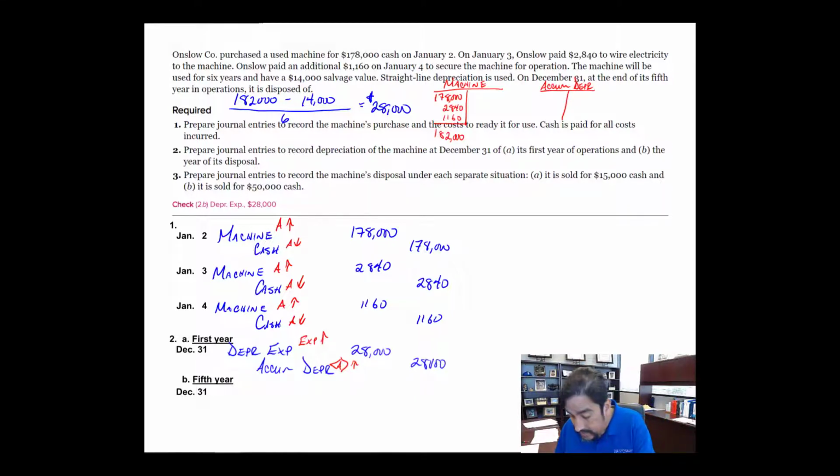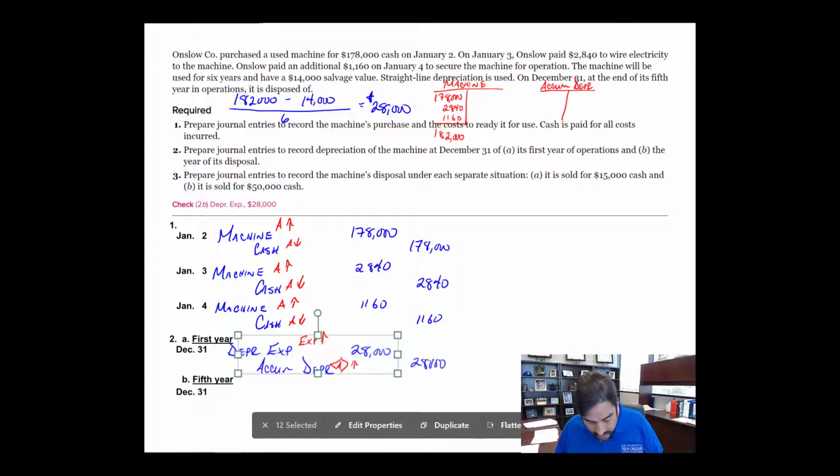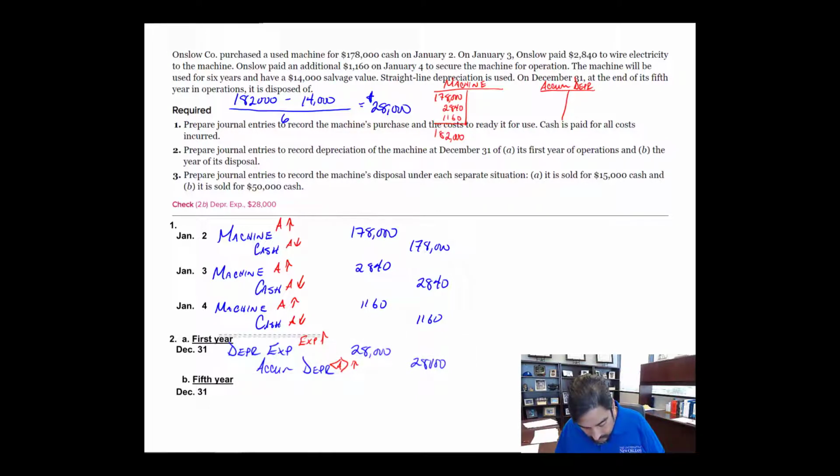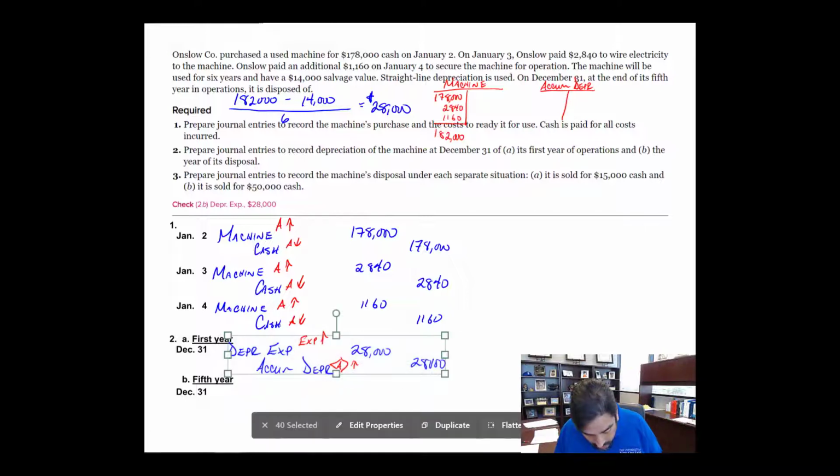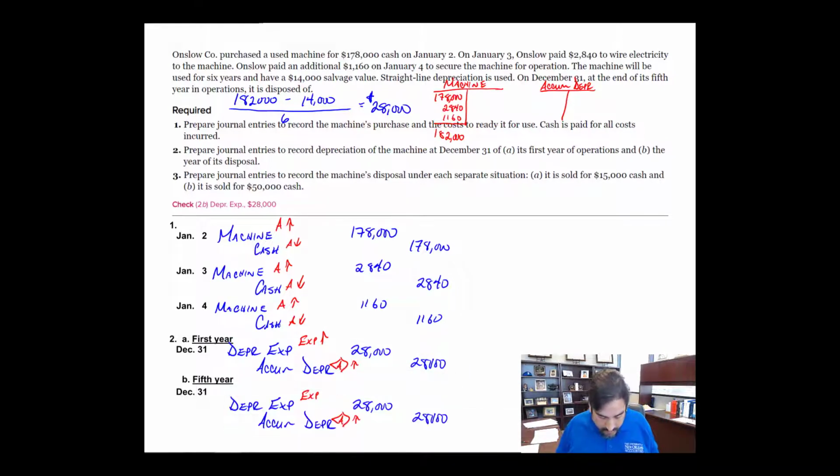The fifth year, the second year, the third year, the fourth year are all the exact same journal entry because this is straight line. $28,000 a year every year.